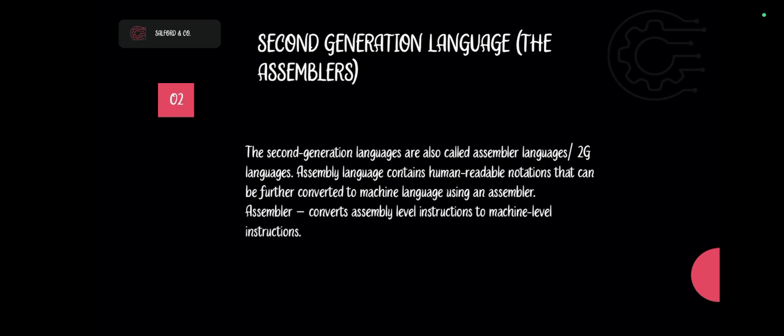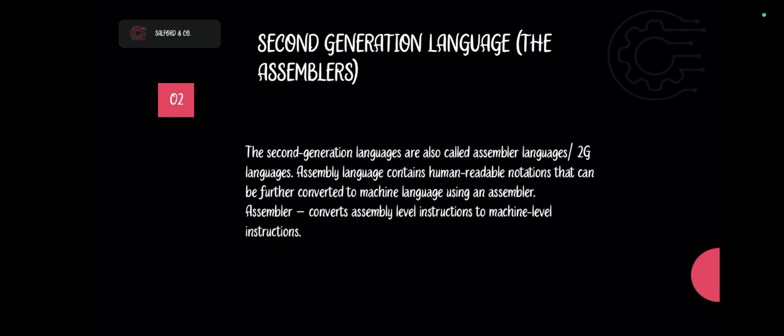Second generation language, or the assemblers. Assembly language contains human readable notations that can be further converted to machine language using an assembler. An assembler converts assembly level instructions to machine level instructions.